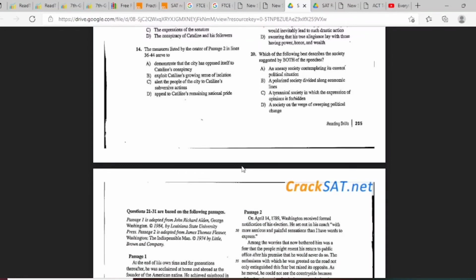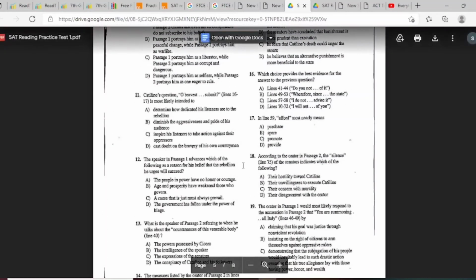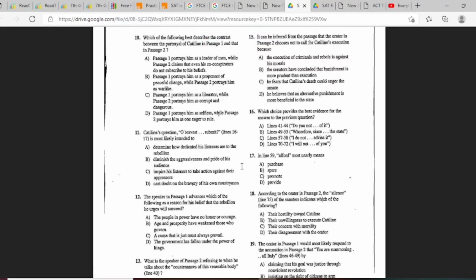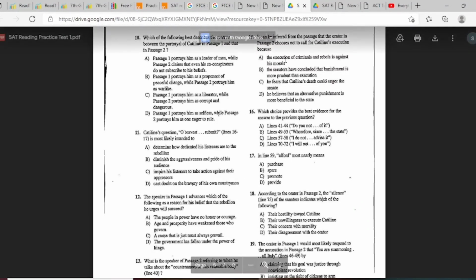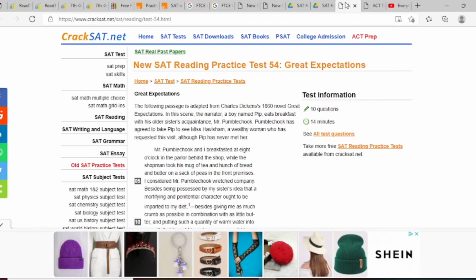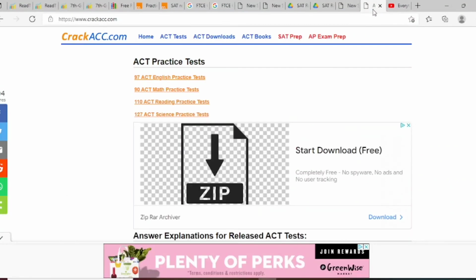So in cases like these, I would say answer all the questions for passage 1 first, then the questions for passage 2, and then the question that has to do with both passages. So I find this resource super helpful. So check that out. Crack SAT, www.cracksat.net.